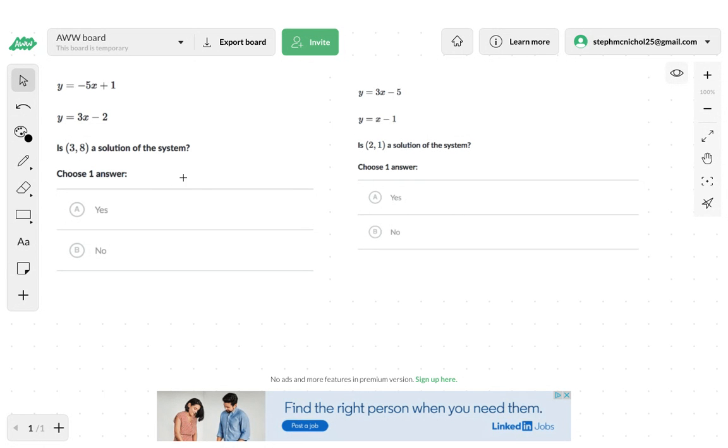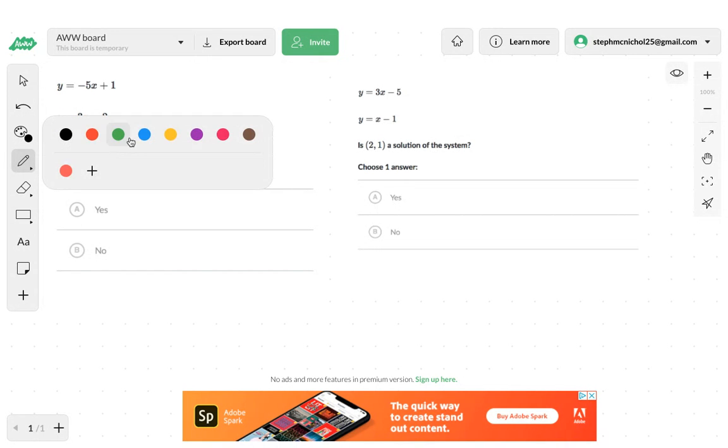So for these questions, all you have to do is take your x and y value. So let me mark it up there. This is my x and this is my y. We have to plug these in, right?